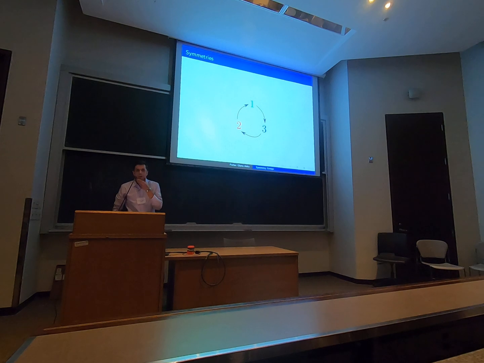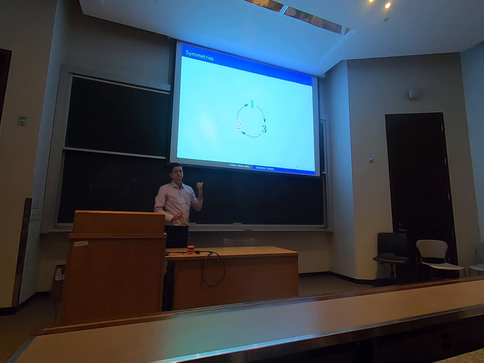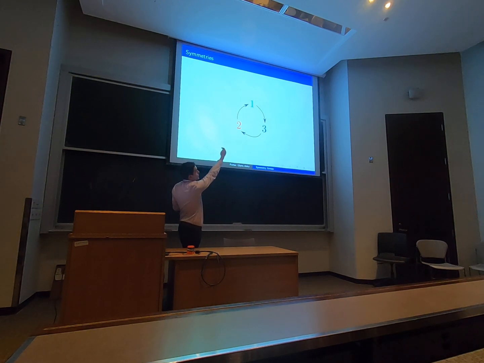What would the picture look like if we went the opposite direction? Where would the arrows be going then? Yes, they're going counterclockwise, right? So 1 would go to 2, 2 to 3, 3 to 1. Neat.